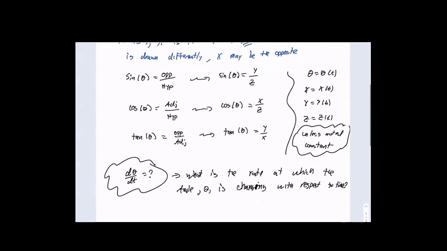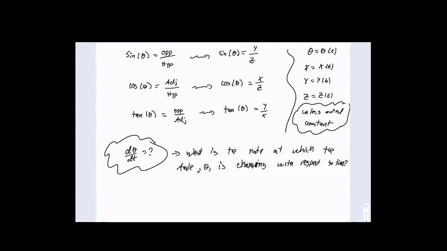So that's the question that's going to be asked in today's problems. So what is d theta dt? Or, follow me with this, you'll be given d theta dt, and you'll be asked to find one of the other ones.